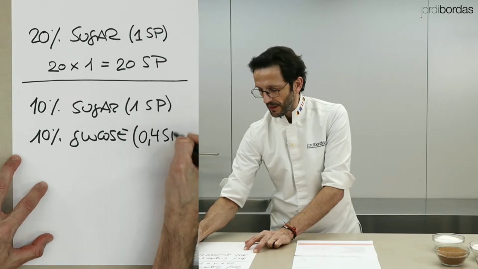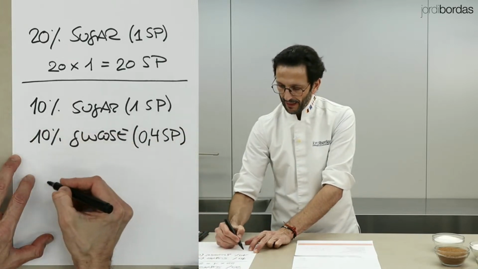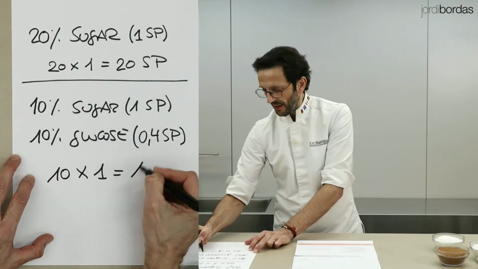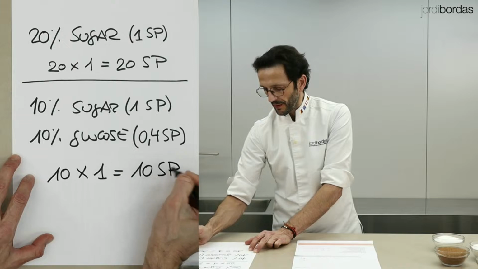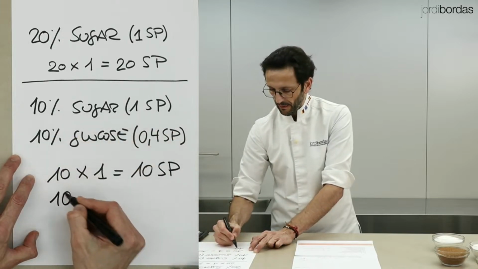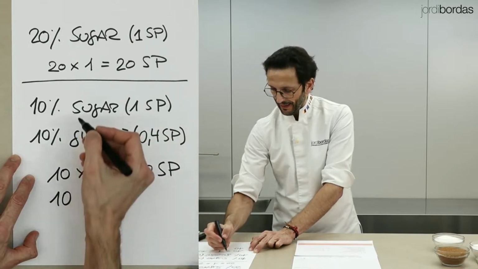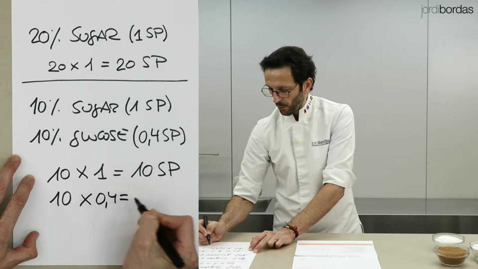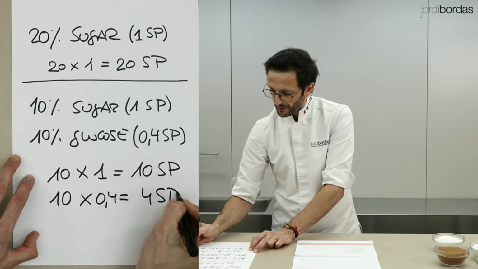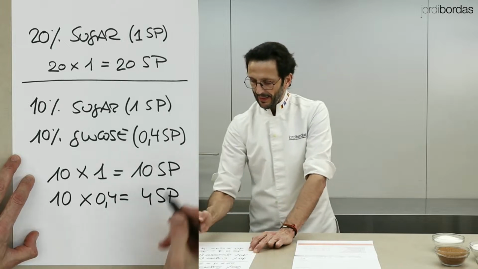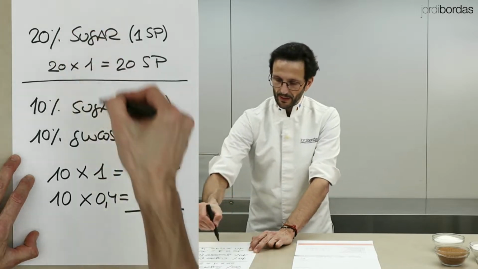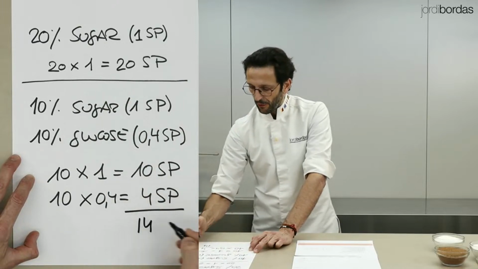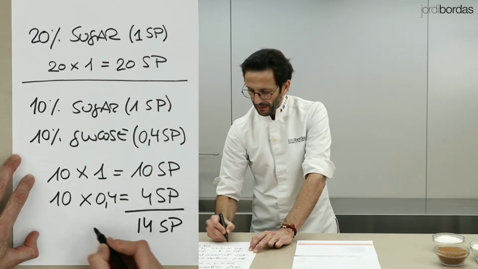Sweetness points. If we multiply 10 by 1, this is going to give us 10 sweetness points. This is the sugar, and here we have 10% of glucose that we multiply by 0.4, and we have 4 sweetness points. That means that in that recipe where we switch sugar for glucose, we will have 14 sweetness points in total.